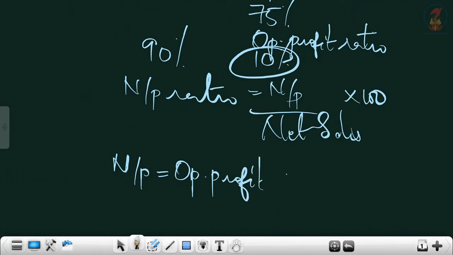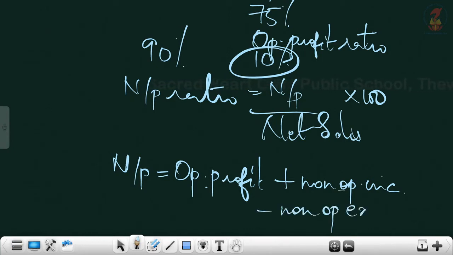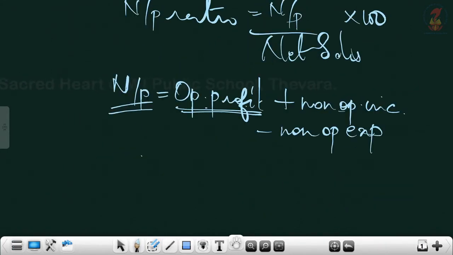With operating profit, you have to add all non-operating incomes. Why we are not adding operating incomes? Operating incomes already included in this. So with that you add all non-operating incomes less all non-operating expense. What you get will be net profit. But we don't have this figure. Instead of that, ratio is given. So that formula we'll write.